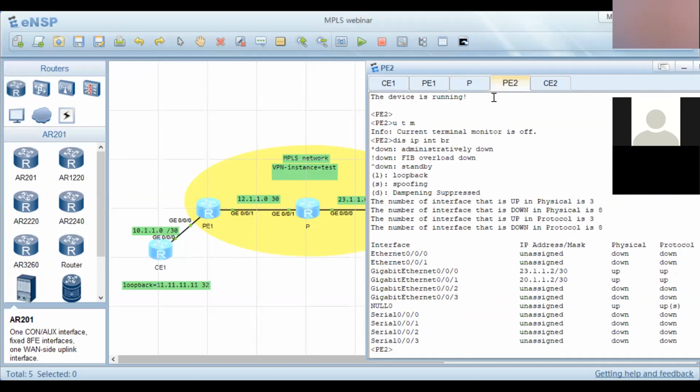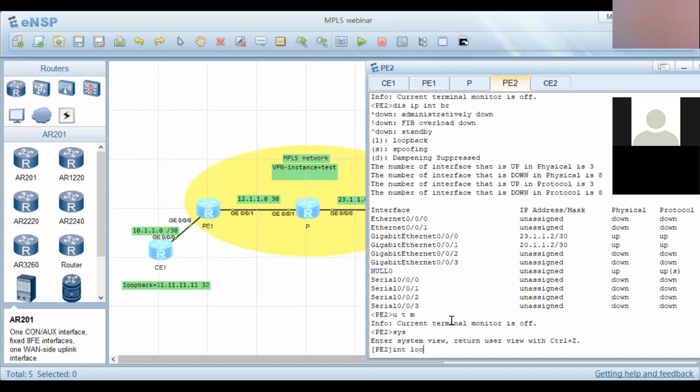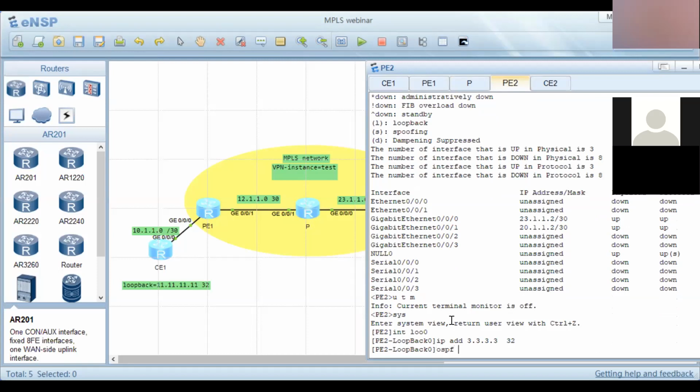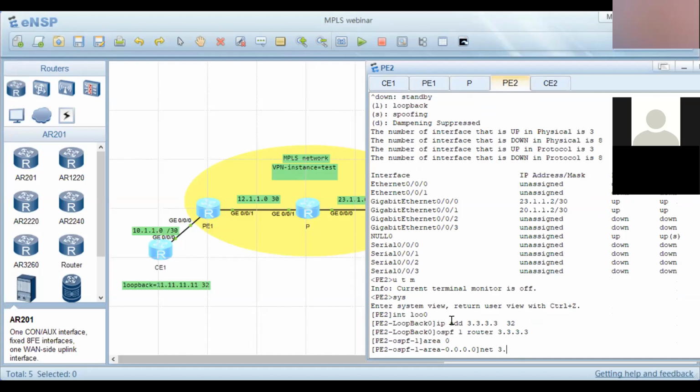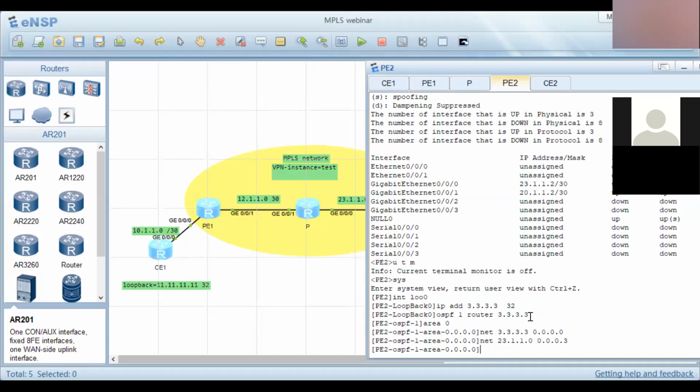And lastly, unfortunately no loopback address is introduced here, so we will introduce interface loopback 0 with IP address 3.3.3.3, and we will also configure the OSPF relationship like this, OSPF 1 router.